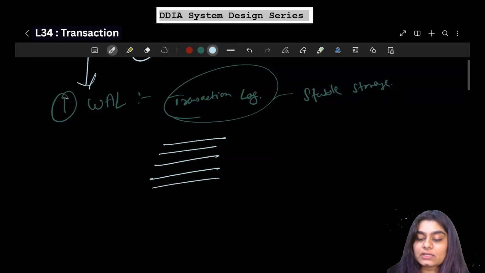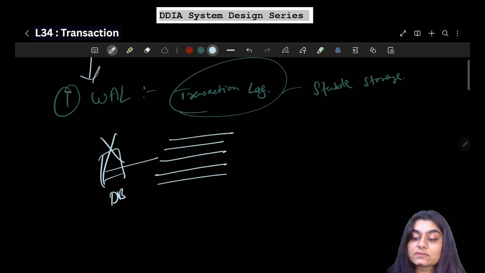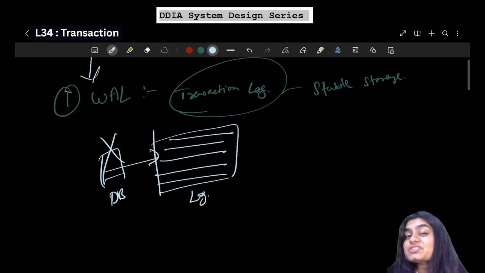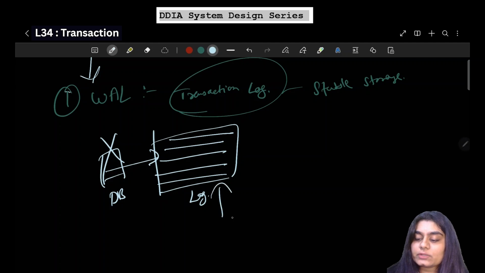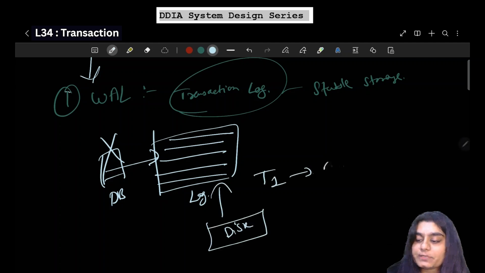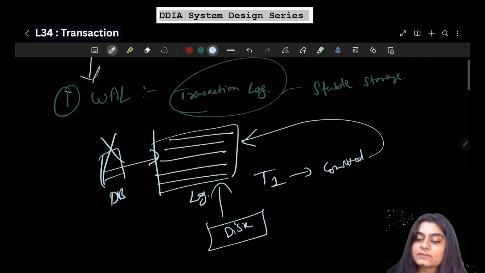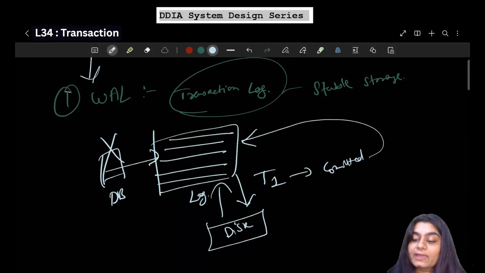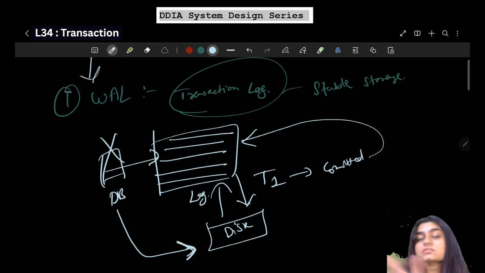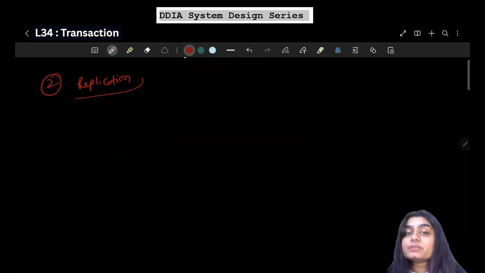In essence, if the database crashes, it consults the log to decide which transactions to finalize and which to roll back, thereby recovering to a consistent state. This log is itself stored on disk. As a result, once the transaction is committed, its log record is safely on the disk, and the database uses this guarantee that the change is not forgotten. Okay, that was about the WAL.